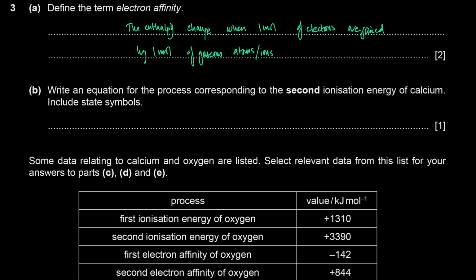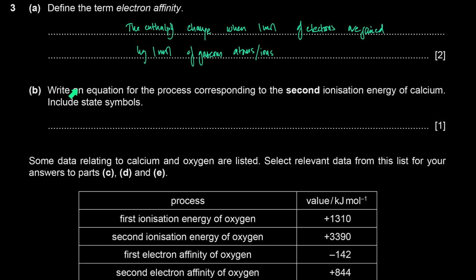Now the question isn't specifically asking for first electron affinity or second electron affinity. So it's just the enthalpy change when 1 mole of electrons are gained by 1 mole of gaseous atoms or ions. For first electron affinity, it would be atoms to form 1 minus gaseous ions under standard conditions.